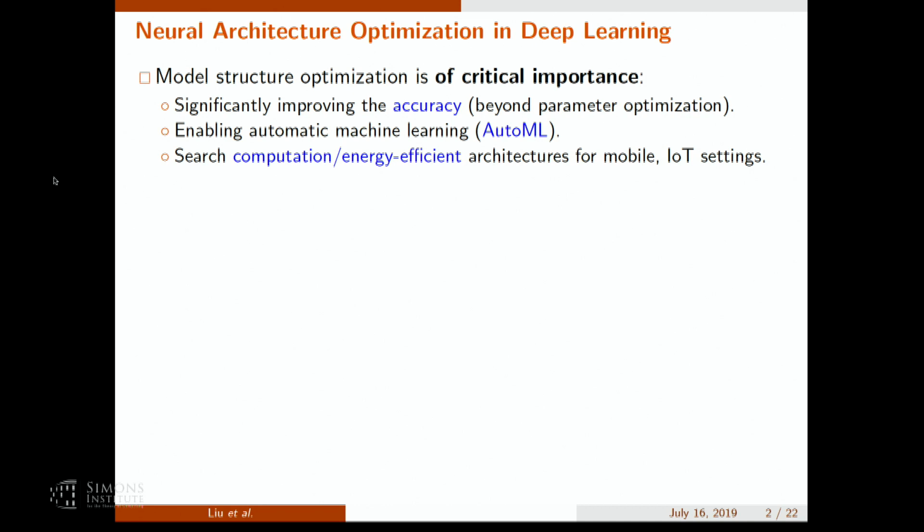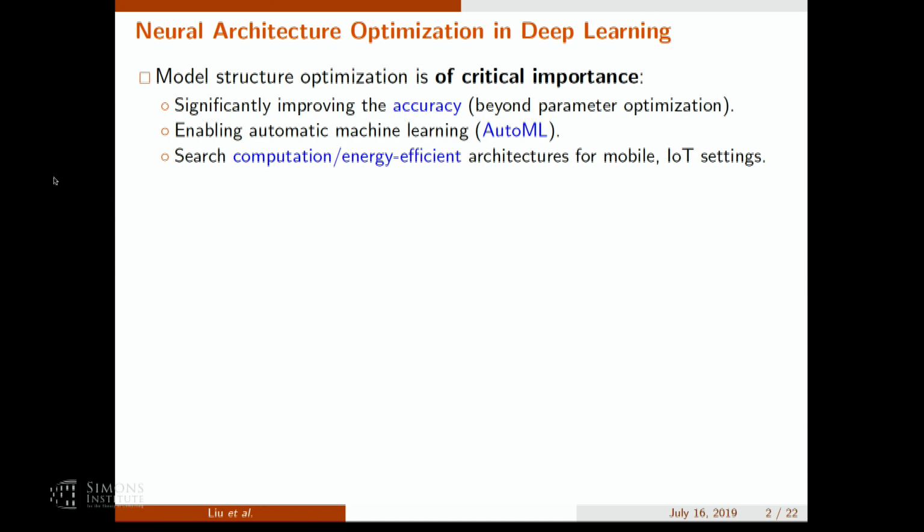Often, from empirical studies, we find that a dramatic improvement sometimes can be obtained by discovering new types of neural networks. So optimizing neural network structure is also a key bottleneck for automatic machine learning, where we need to automatically decide the structure of the neural networks for the given data sets that we have.